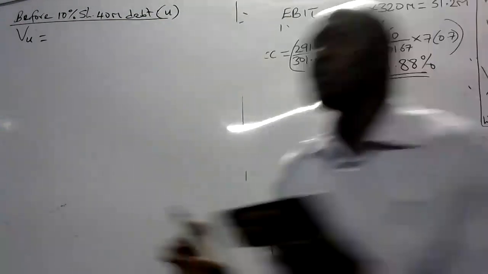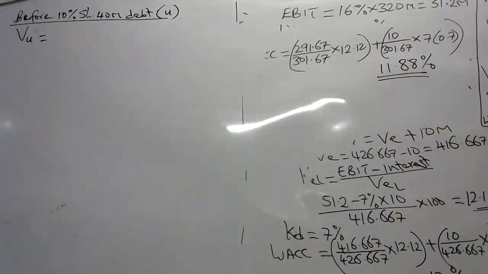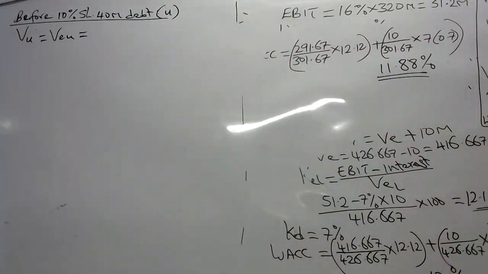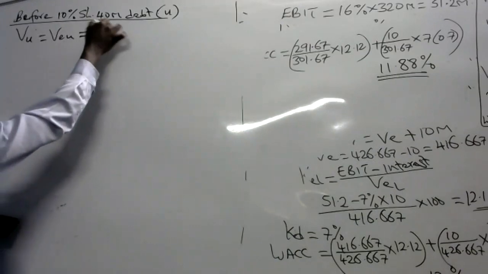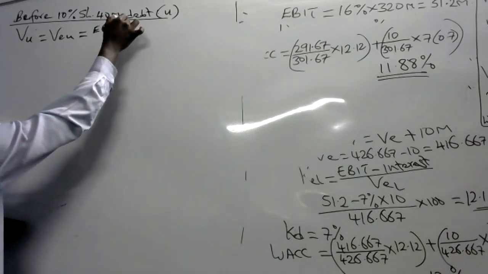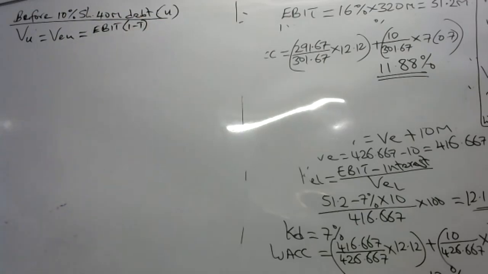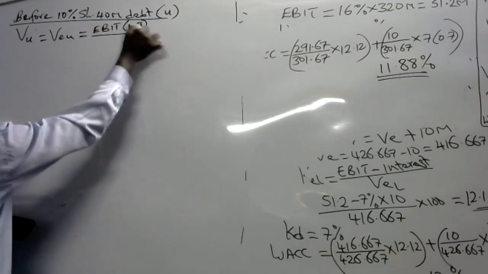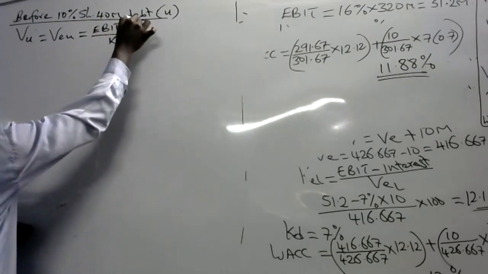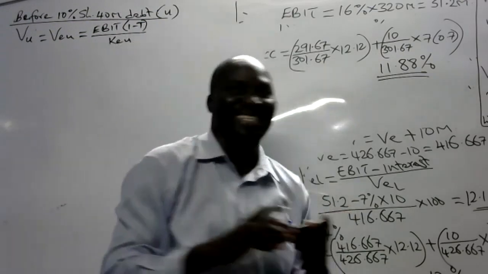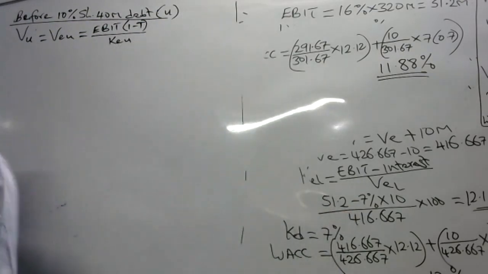Let's do it quickly and move forward. It equals the value of equity, which equals EBIT, and we must adjust for tax. Then we divide by 10.